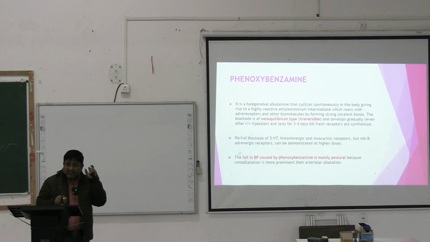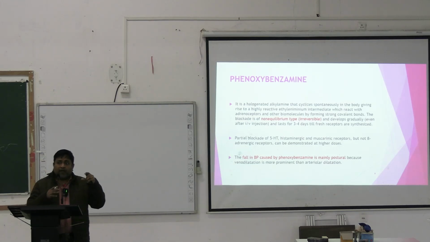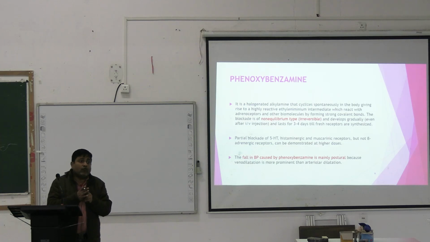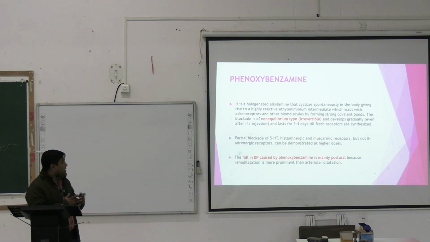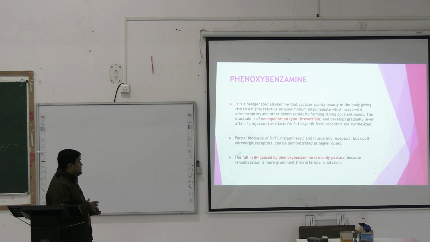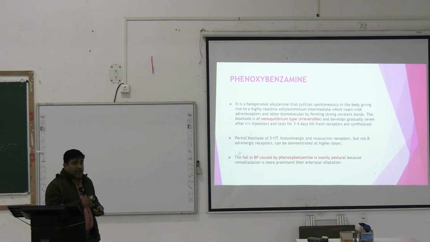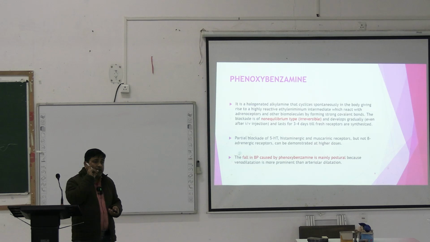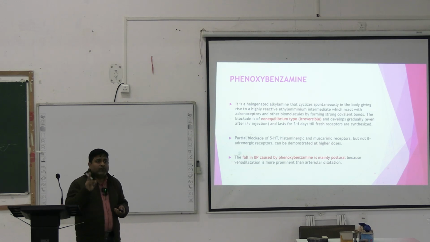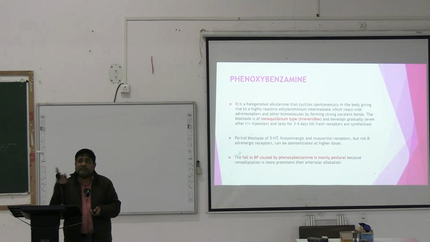This compound binds with the alpha receptor covalently, and hence there is non-equilibrium type of antagonism. It develops gradually even after IV injection, and it antagonizes the receptor for about 3 to 4 days till fresh receptors are synthesized.